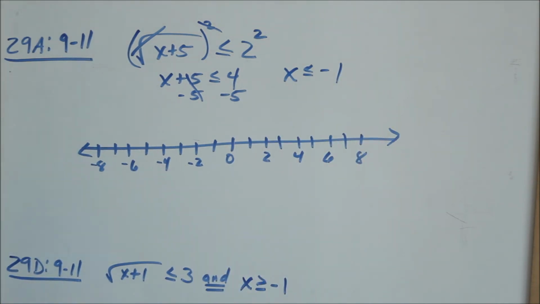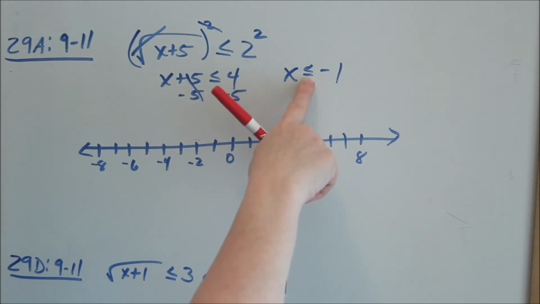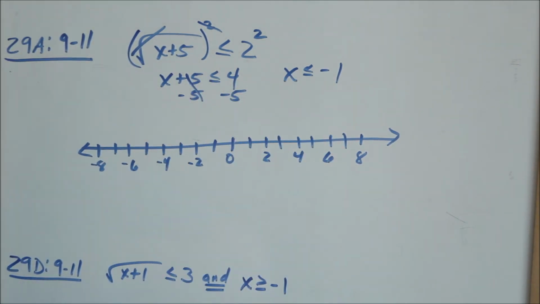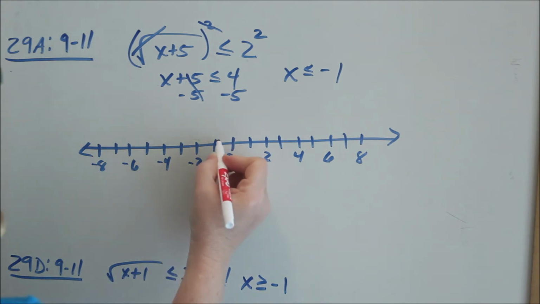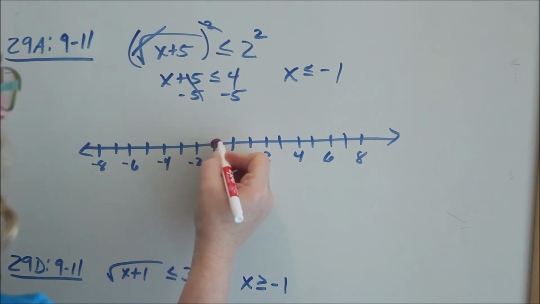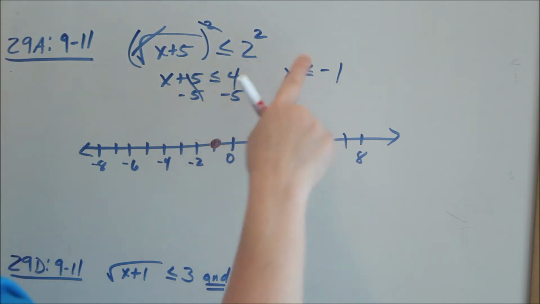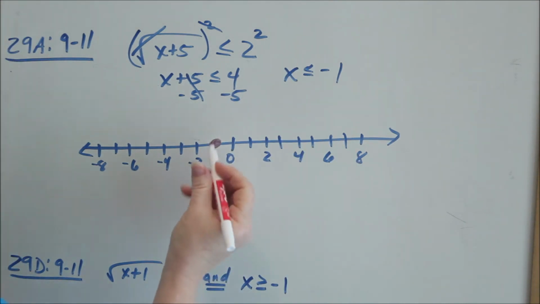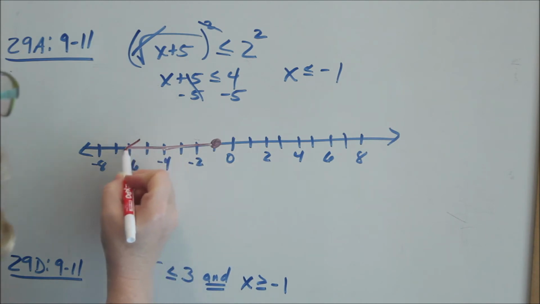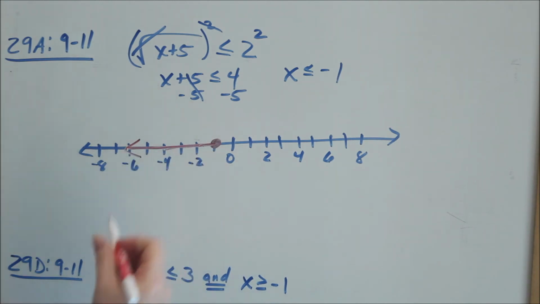Watch your signs. So now you go plot the point negative 1. We want a closed circle because equal to means you want to include the point. Negative 1 right here. Closed circle. You want to be less than that. Numbers smaller than a negative number is everything to the left. So you want all numbers to the left of that.